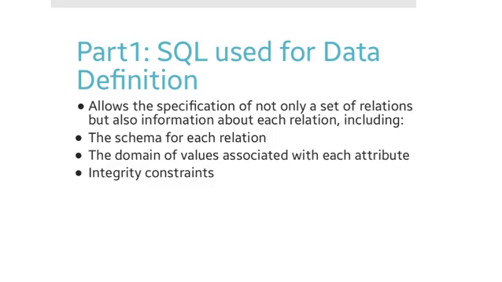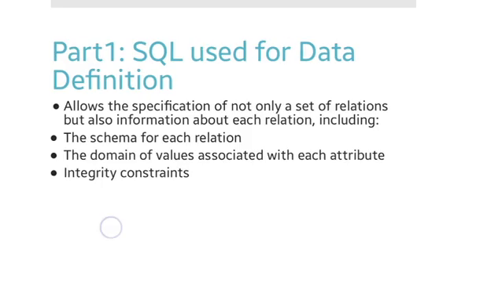Example, student ID should be unique, that is primary key. Marks cannot be negative. Email should follow a valid format. So SQL data definition helps us design and control the database structure before inserting actual data.